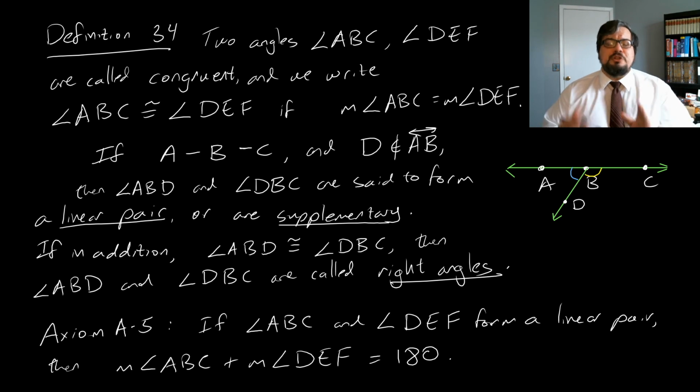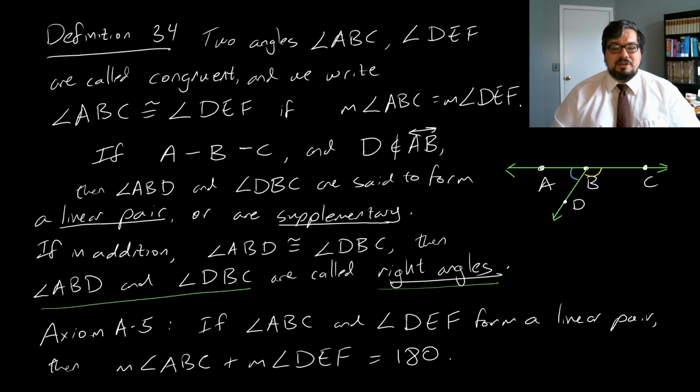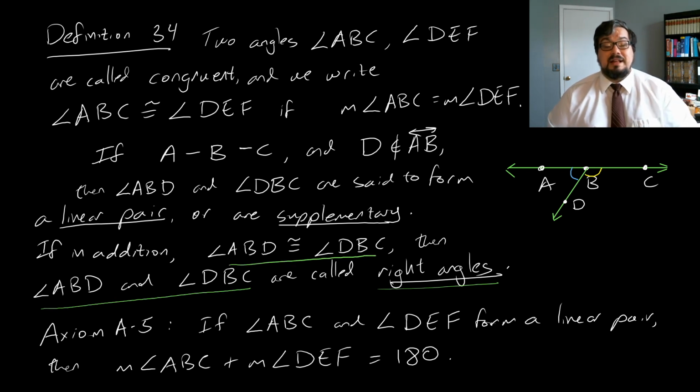We are so used to this fact that it may be a little difficult to really think about, all right, well, what actually needs to be proved here, but we have to be careful that we look at what we're using. We have defined right angles to be an angle that forms a linear pair with another angle that it's congruent to. So this is what we have to work with. So let's see how we use all these definitions for Theorem 35.